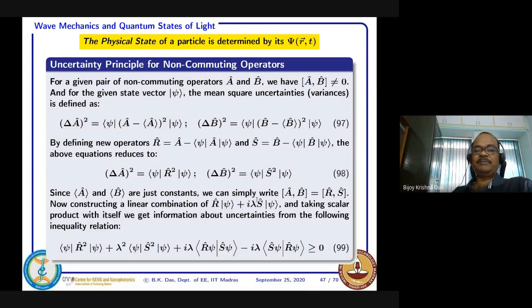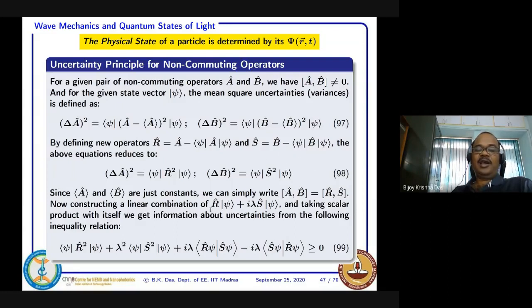If you work on it a little, because the expectation value is a constant, we can show that the commutation between A and B follows the same commutation relation as R and S. This value is constant, and this value is constant. The variations are what I defined as R and S.